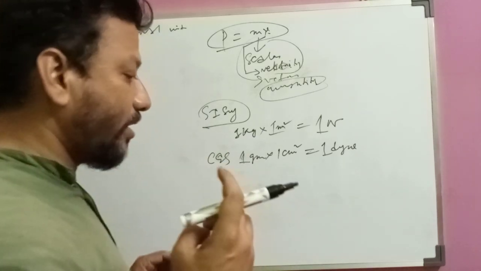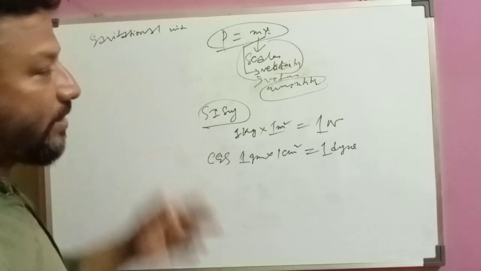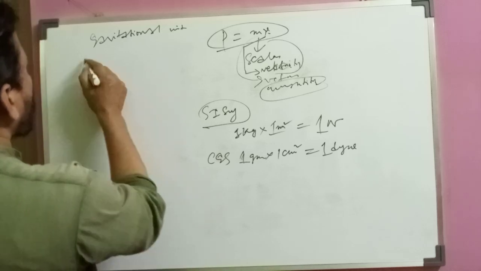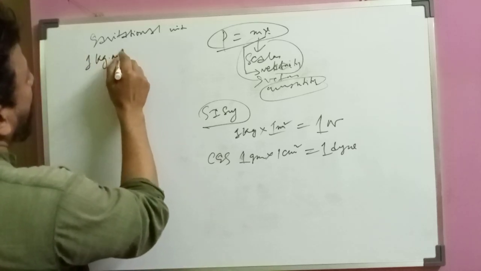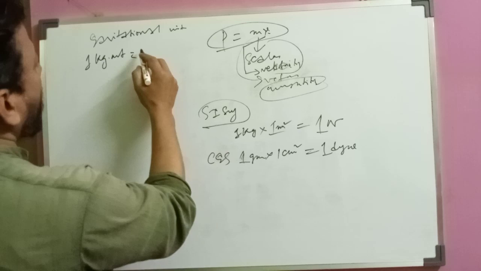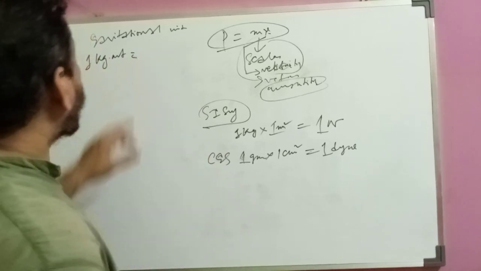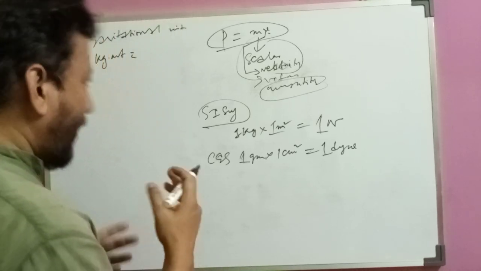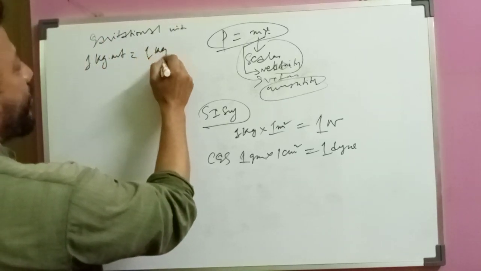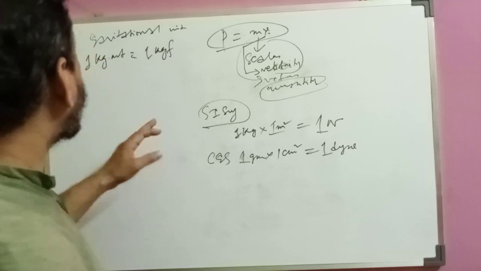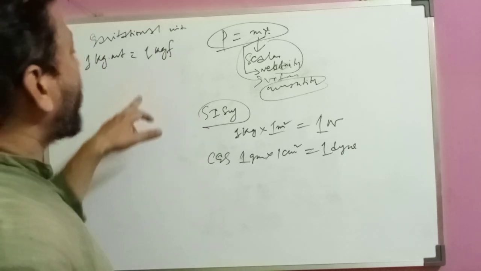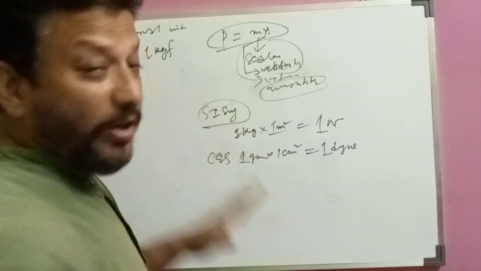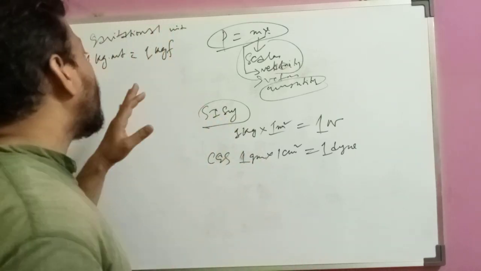It comes with g, so 1 kg weight will be 1 kg F, which is multiplication with the gravitational acceleration 9.8. These are the basic things.